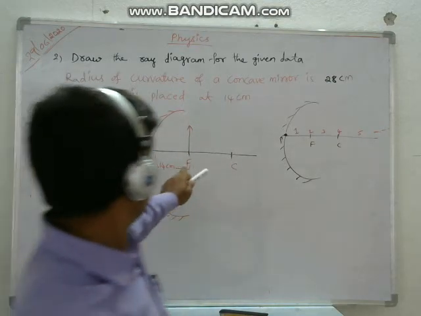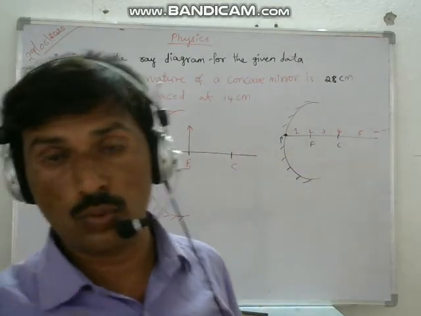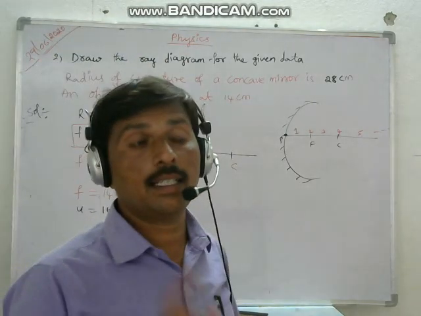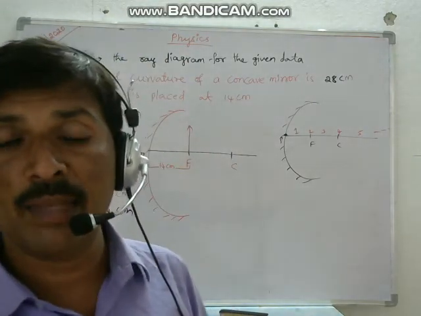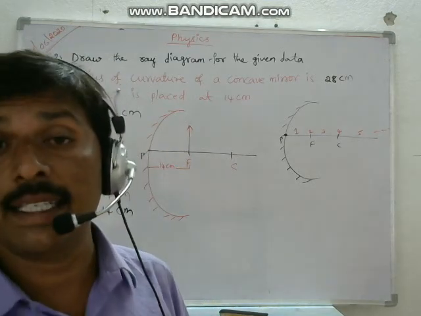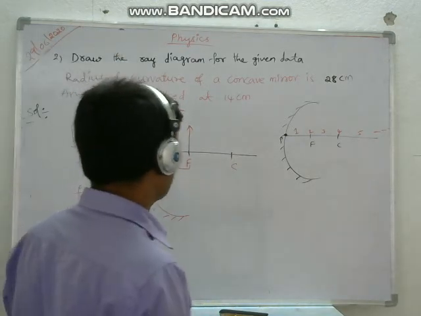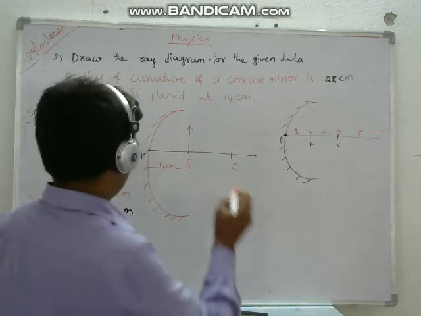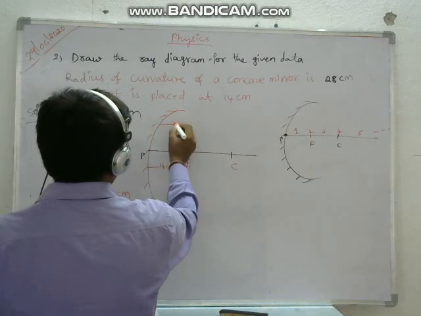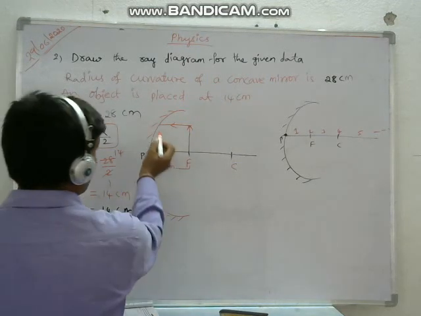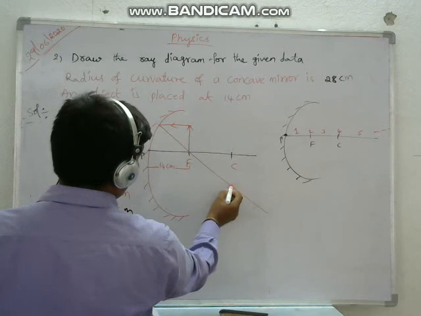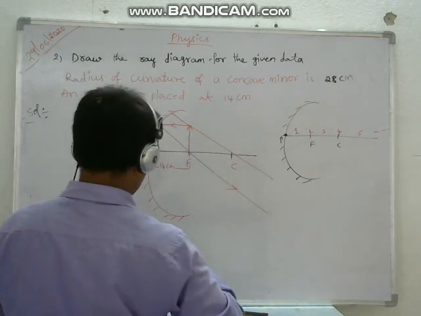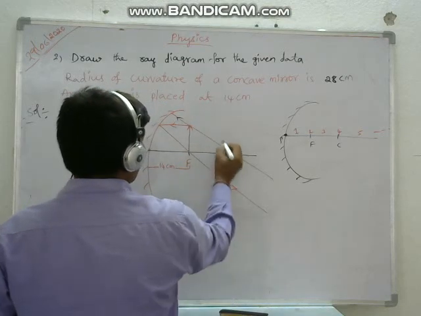So now what is the situation? Now the situation is the second situation. If we place the object at focus, where do we capture the image? We can capture the image at infinity distance. So as per the ray diagram rules of a concave mirror, I am assuming a ray that is parallel to the principal axis, which passes through the focus, and the ray passing through center of curvature retraces the same path.